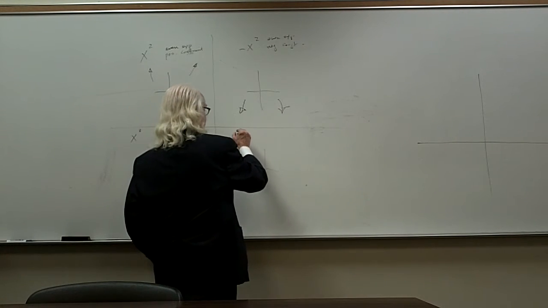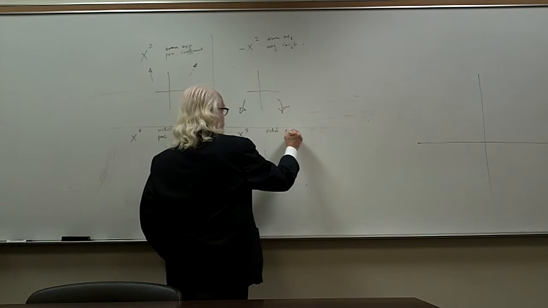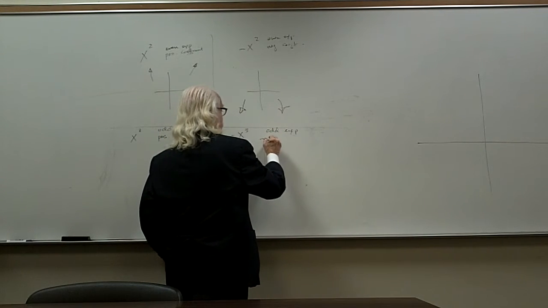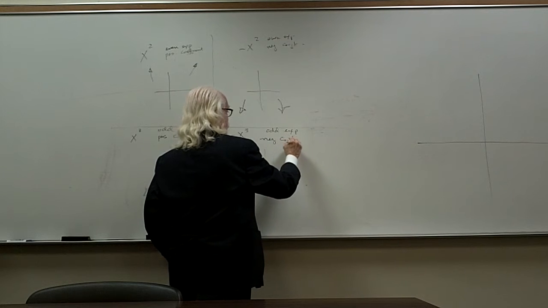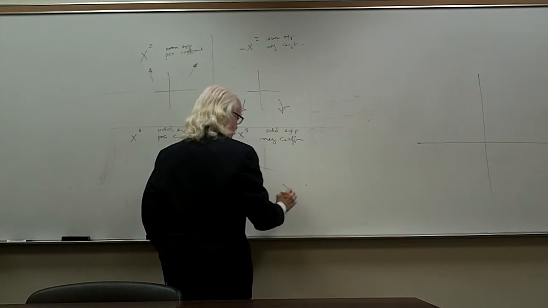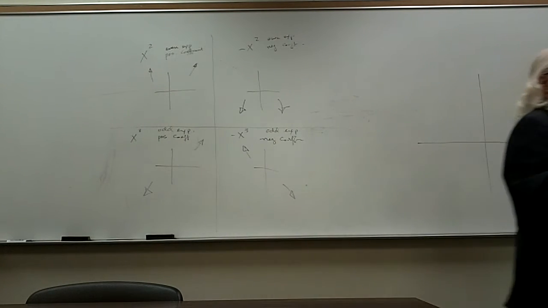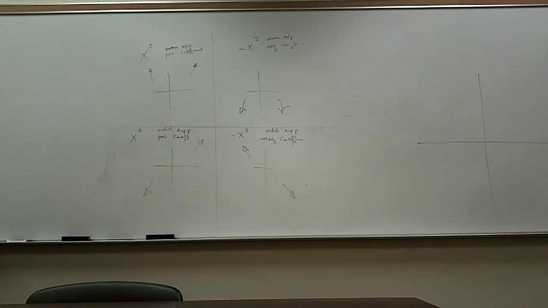This one is minus x to the 3rd, odd exponent, negative coefficient, up on the left, down on the right. Do you see that? Now, all polynomial equations will follow that example. All of them will follow that example.